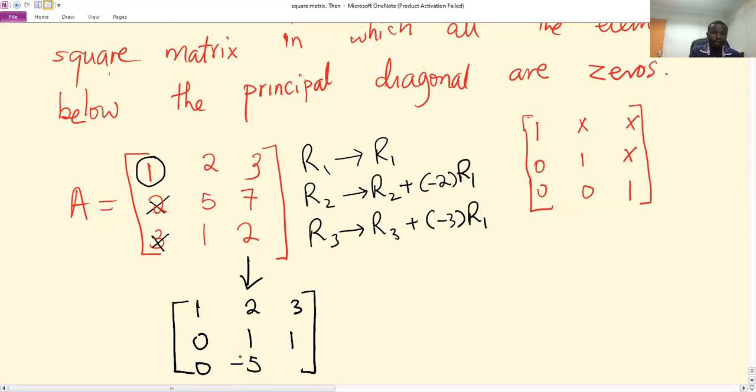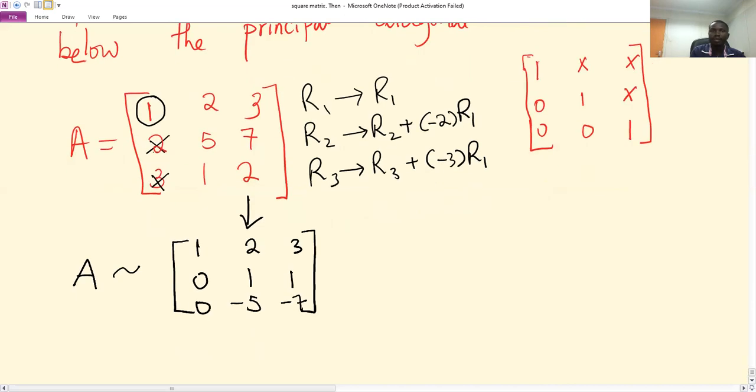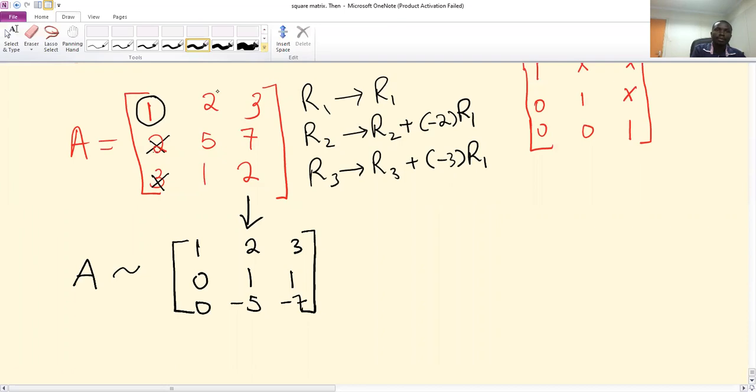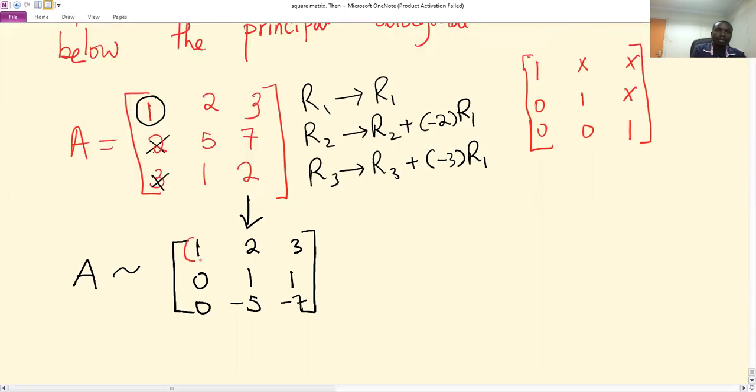And 2 plus -3 times 3 is -7. So A is equivalent to this because we have used row operations. By doing that step, we see this is the correct form.